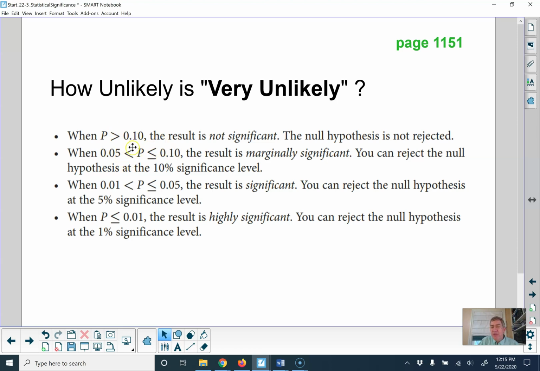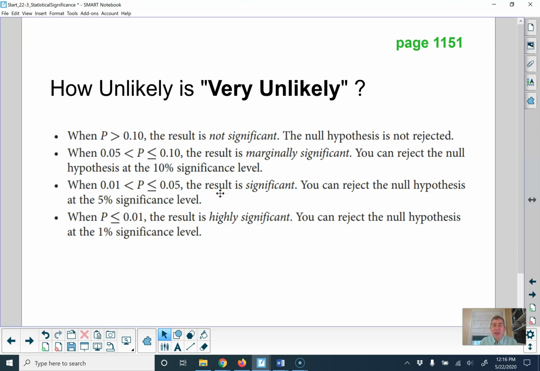If something's between 5 and 10%, it's marginally significant. It might be something that you would call a legitimate statistically significant result if you've got something that's a low priority, something that you're not terribly worried about, where the downside is not a big deal. If you're between 1% and 5%, then you start to get into statistically significant results.